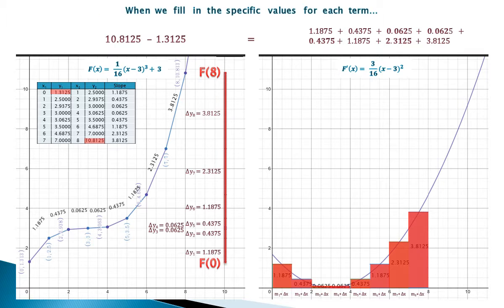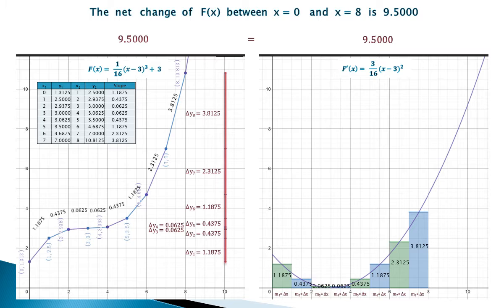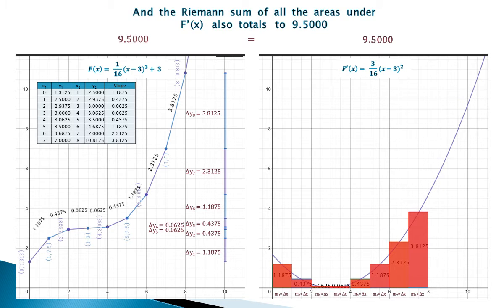When we fill in the specific values for each term, both sides of the equation produce the following result. The net change of f of x between x equals 0 and x equals 8 is 9.5. And the Riemann sum of all the areas under f prime of x also totals to 9.5.